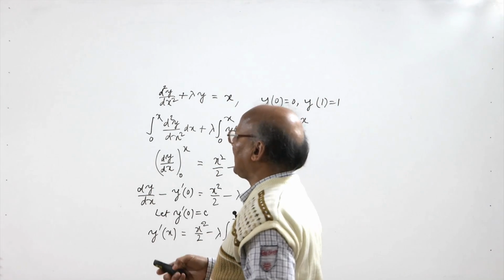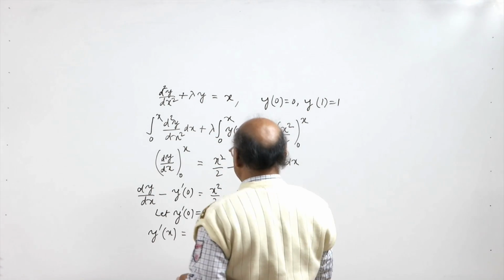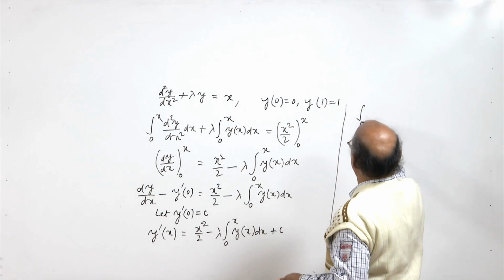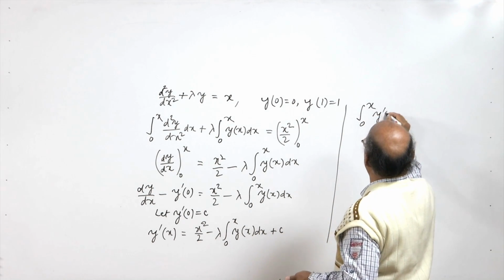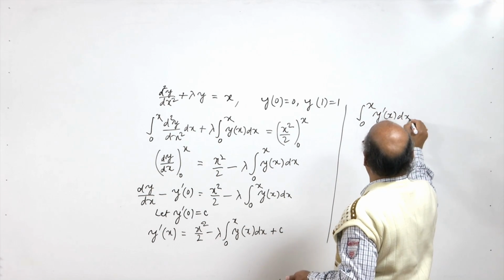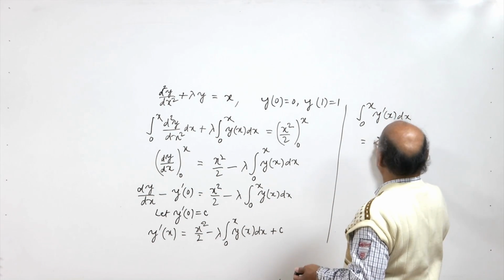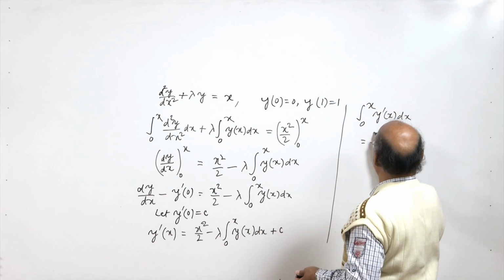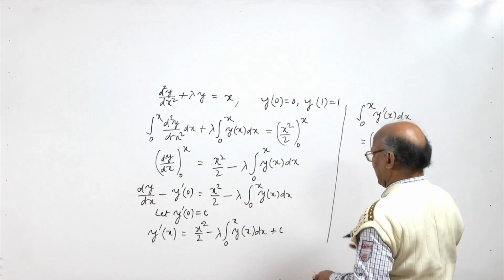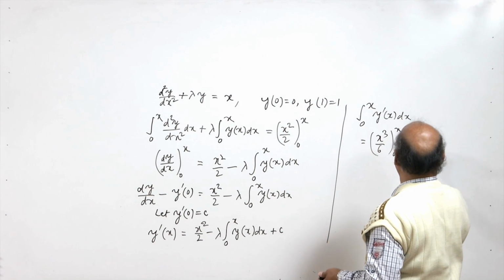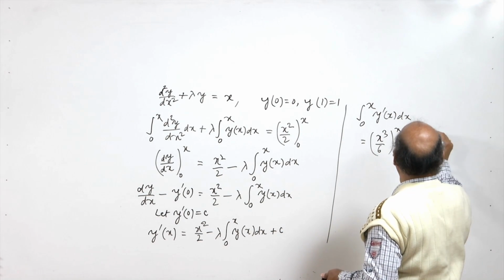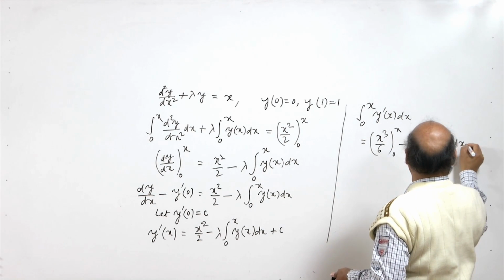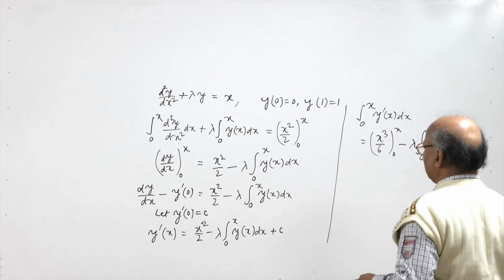Again let us integrate with respect to x. So when we integrate we shall have integral 0 to x y prime x dx equal to x squared by 2 will become x cubed by 6, and then we shall have minus lambda times the integral 0 to x of y(x) dx twice, because we will have a double integral here.